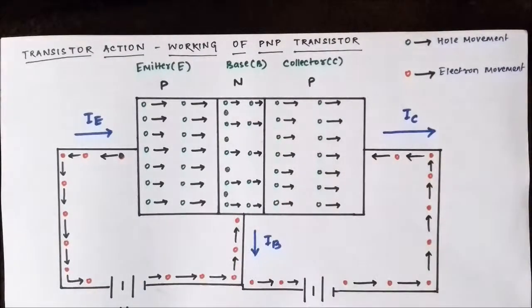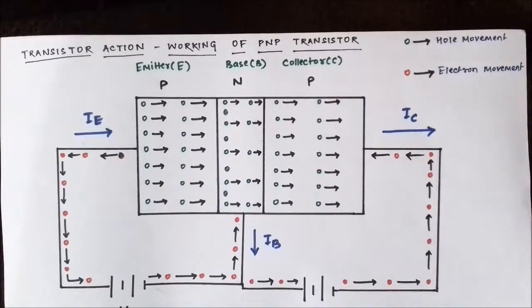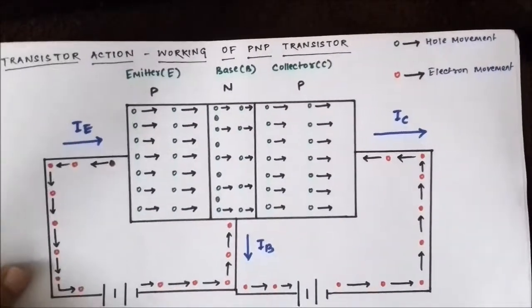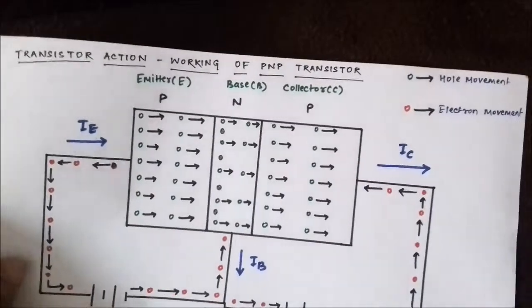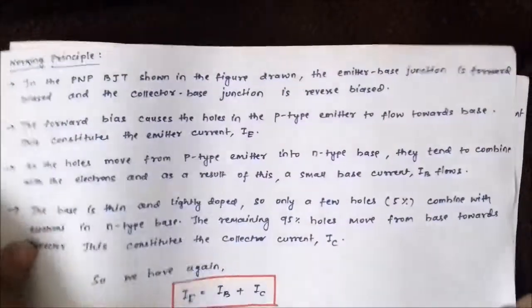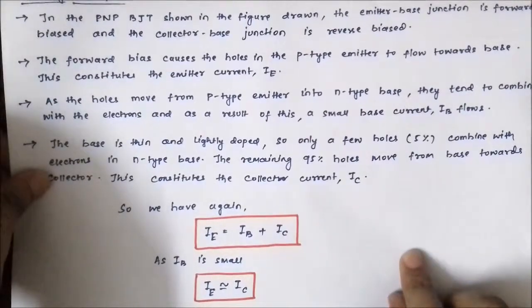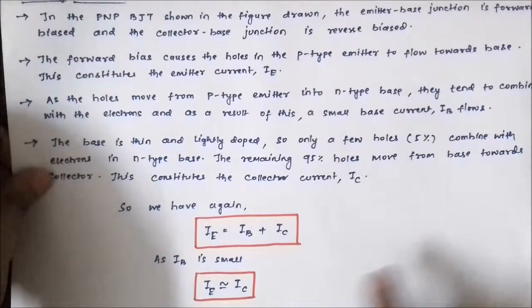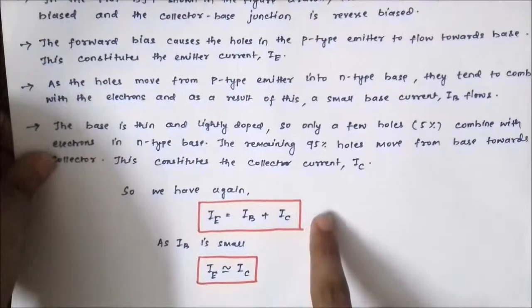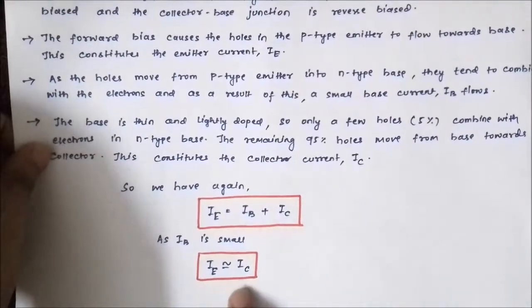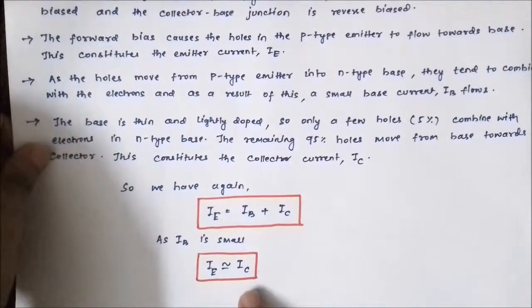The collector and emitter currents are in terms of milliamperes, and the base current, which is very small, is in terms of microamperes. Now, if we apply Kirchhoff's current law here, we get that the emitter current is the summation of the base and collector currents. So nearly the emitter current is the same as the collector current.